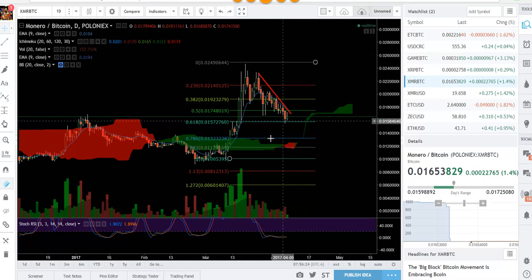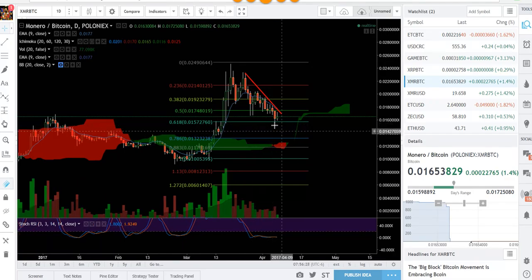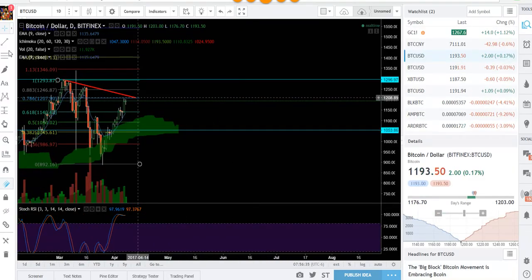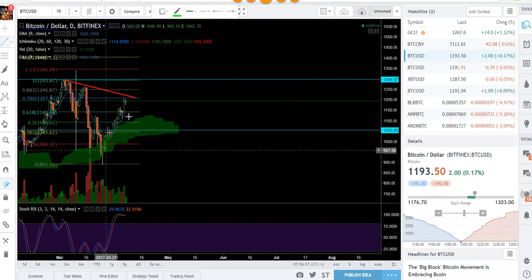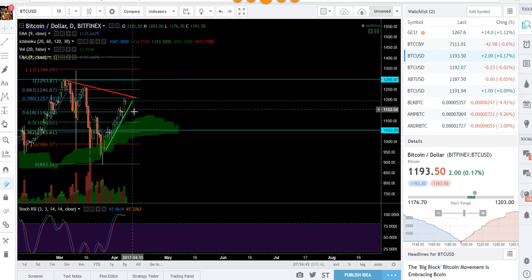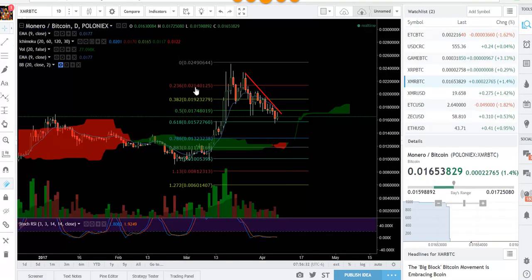But we get a little bit of an indication if we see that Bitcoin starts selling off and breaks its trend line. Bitcoin is riding on a trend basically right in here. Once Bitcoin breaks that line, and starts breaking down and consolidating and correcting, we're most likely going to see this break this line.